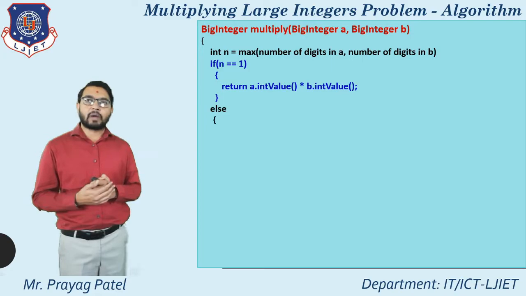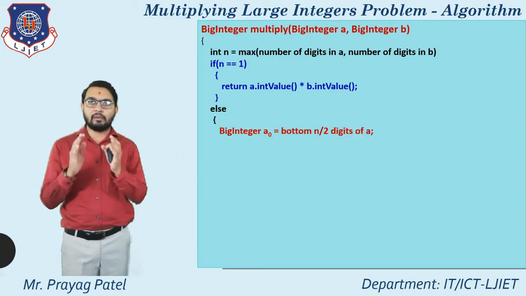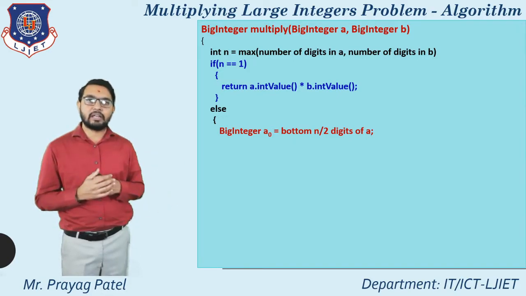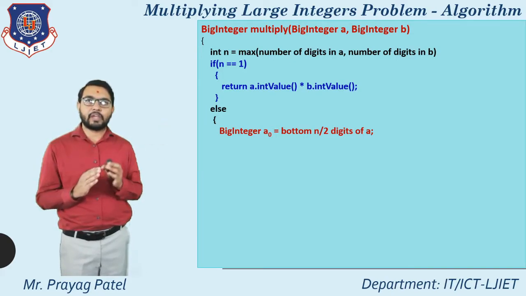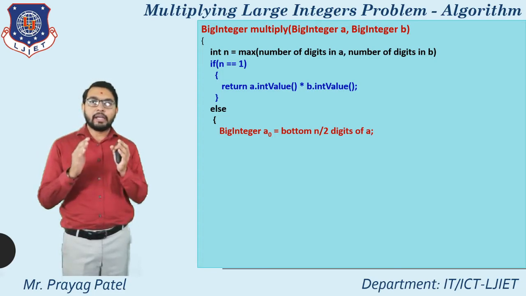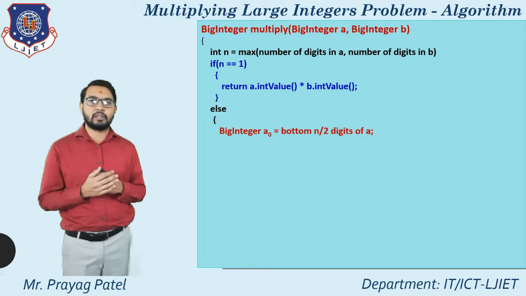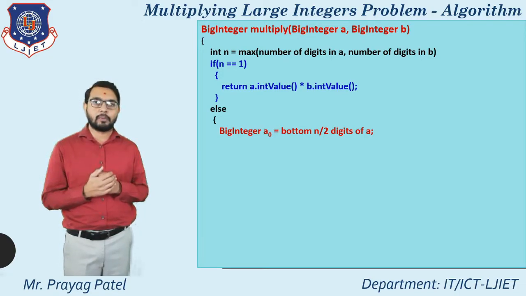Now consider the else part, which is our equation of the multiplying large integer problem, which we already discussed in our previous video lecture. First, big integer a0 equal to bottom n by 2 digits of a. In the equation of the multiplying large integer problem, the first step is to divide the problem into smaller subproblems.